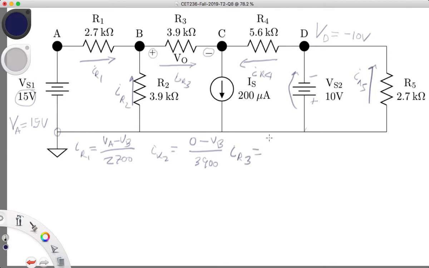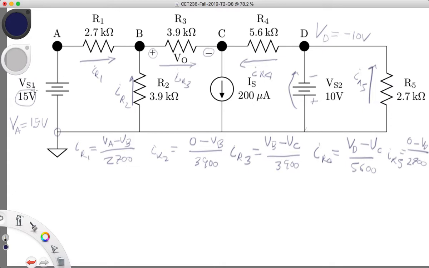It is VB minus VC, also on 3900. IR4 is VD minus VC on 5600, and IR5 is 0 minus VD on 2700.